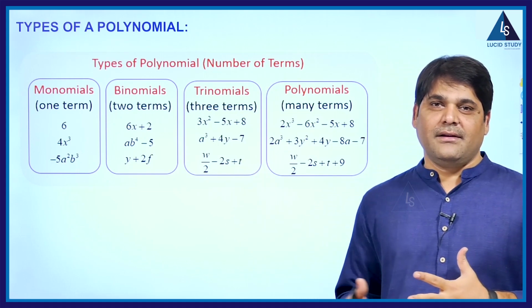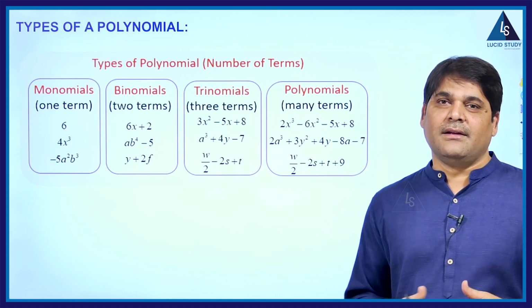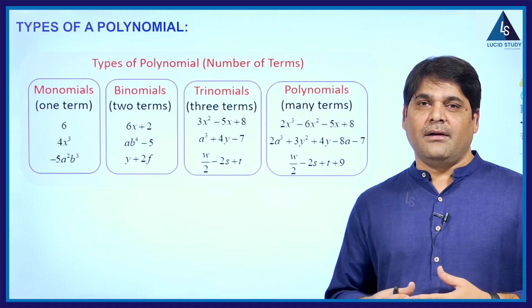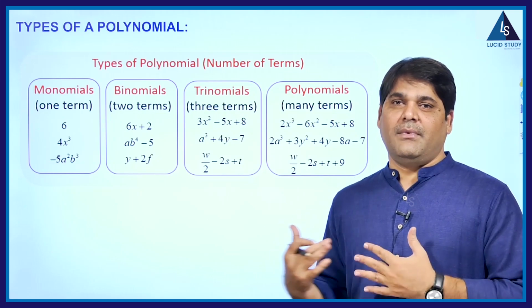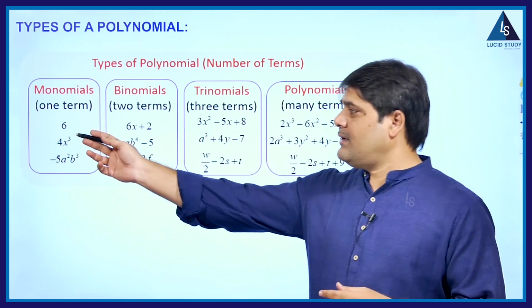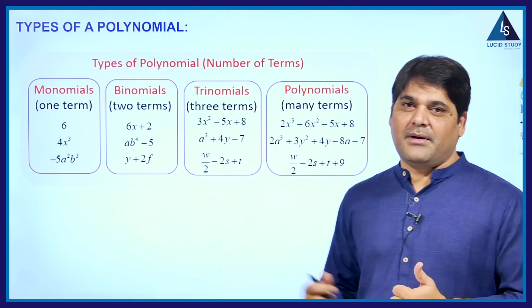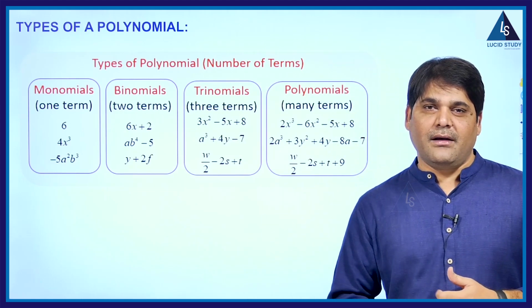If it has three, then it is said to be a trinomial. If it has more than three, then we can call it a multinomial, or we can say polynomial also. All these are polynomials only, but of different kinds. So monomial means these are the examples, some examples of binomials, and trinomials, as well as multinomial or polynomial.